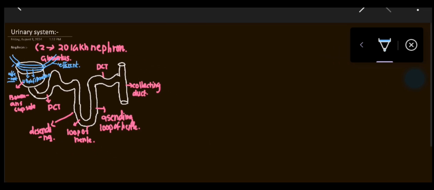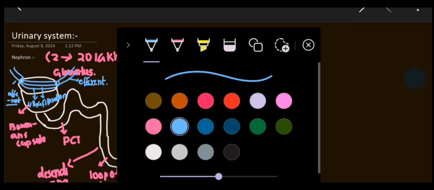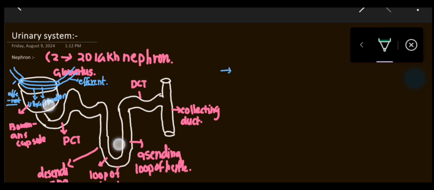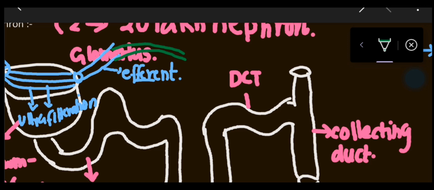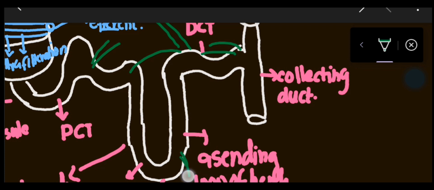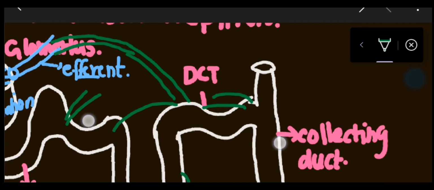Now we can look at the main points. One more thing I forgot to mention: after this, through this efferent arteriole, it will cover this whole process and move down. It also covers the vasa recta. So these are peritubular capillaries, which cover all the nephron.